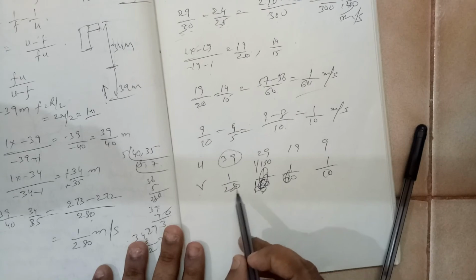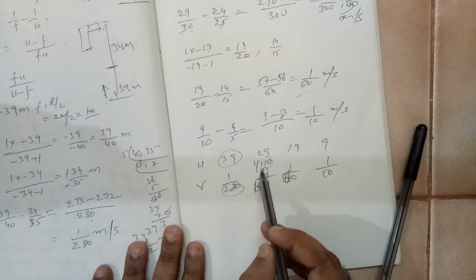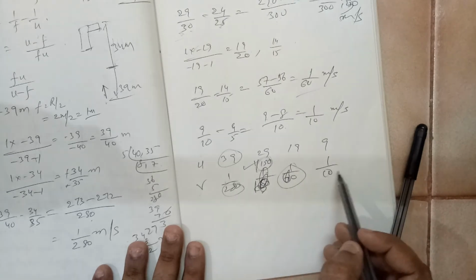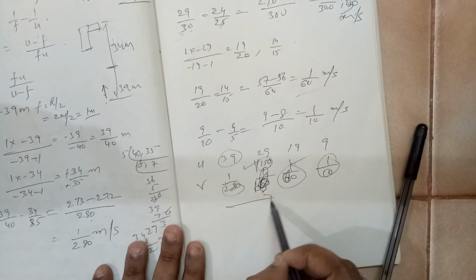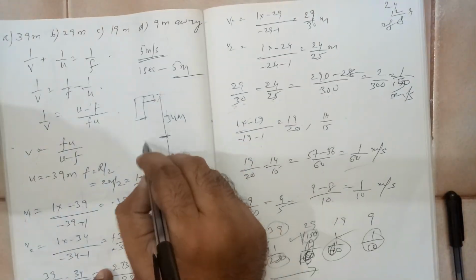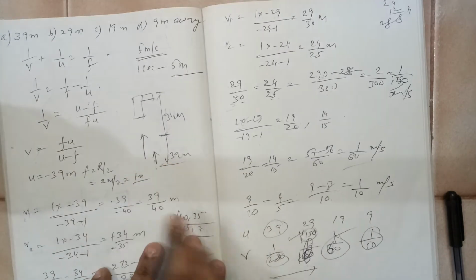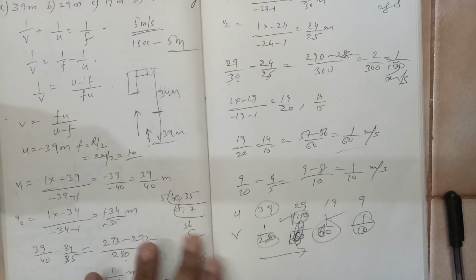You can see here that 1 by 150 is more than 1 by 280, 1 by 60 is more than 1 by 150, and 1 by 10 is more than 1 by 60. The speed is increasing in this direction. So when the person is moving in this direction, the speed of the image is actually increasing. Okay, thank you.